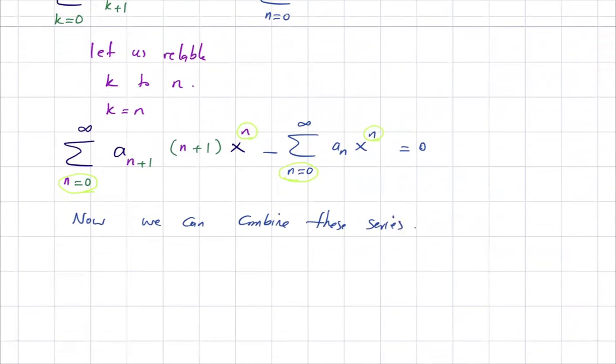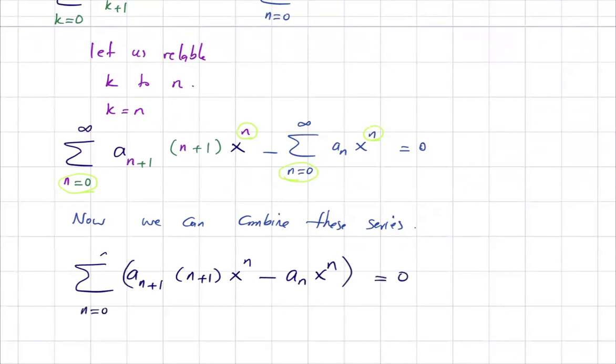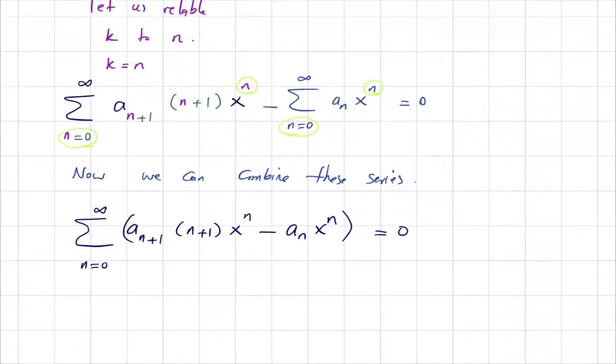You're going to write down just one of these sums, and then a_(n+1) times n plus 1, x to the power n, minus a_n x to the power n. On the right hand side you have a 0, and n starts from 0, goes to infinity.